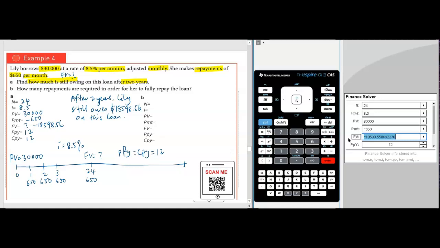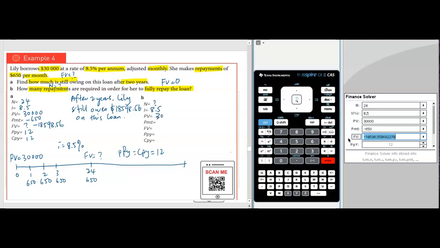How many repayments are required to fully repay the loan? So if I fully repay the loan, that means future value must be 0. How many repayments? That means you want to know what is your N. So I put the information here. Unknown is N. Interest same as before.